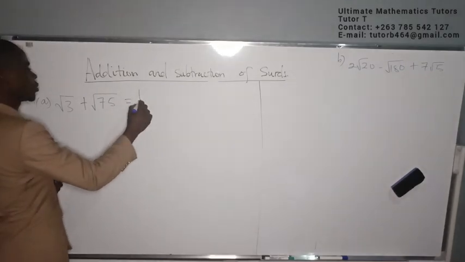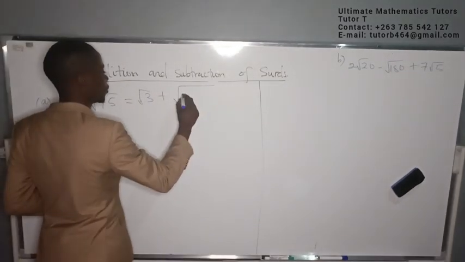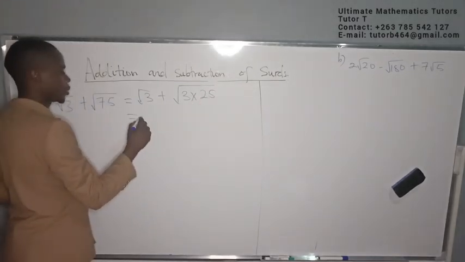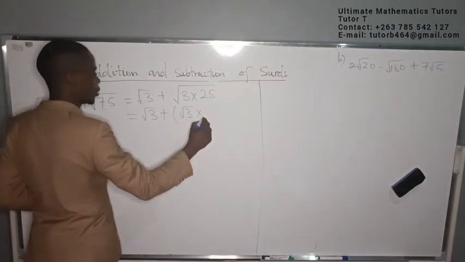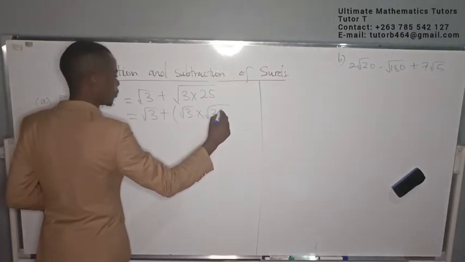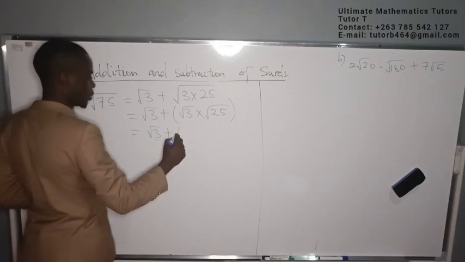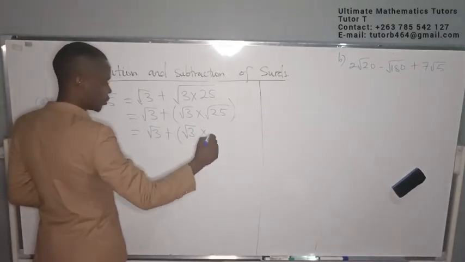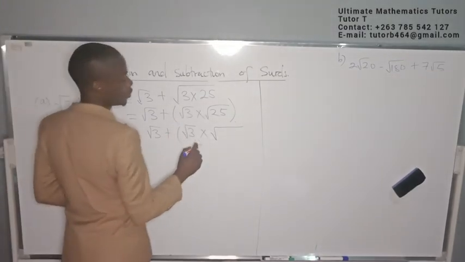This is the same as root 3 plus root of 3 times 25. Right. So root 3 plus root 3 times root 25. We need to find 2 numbers that can multiply and give us 25.